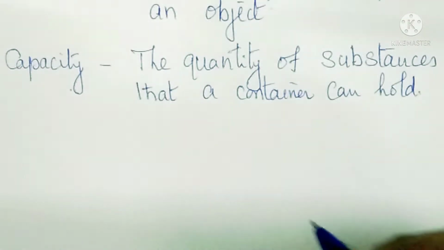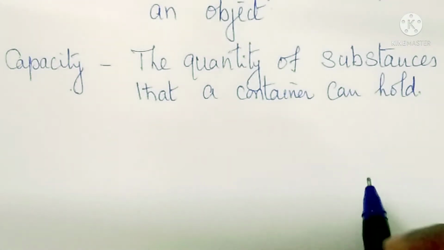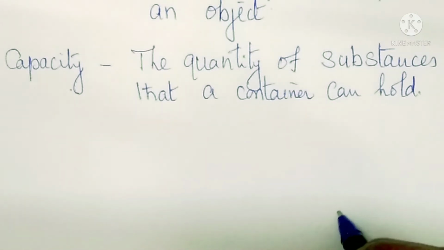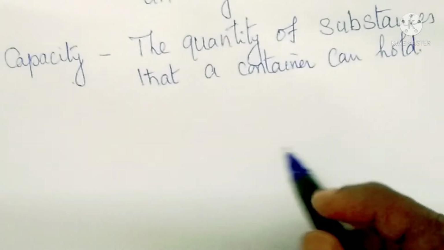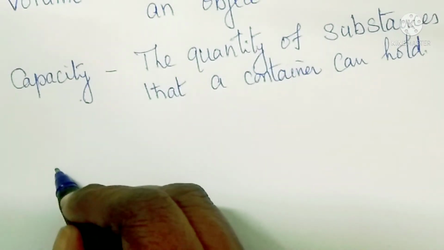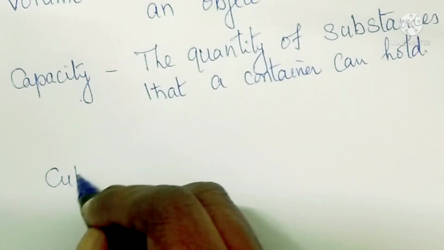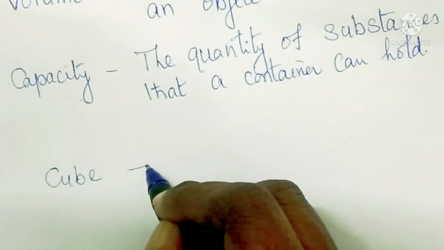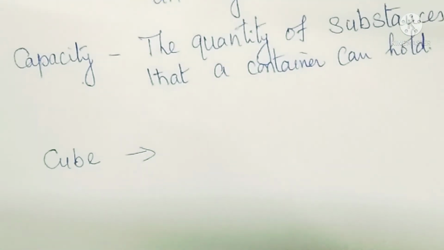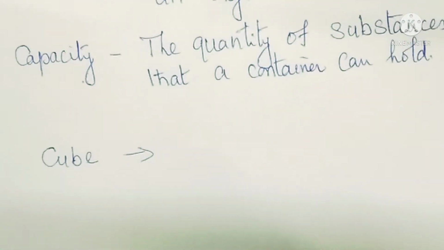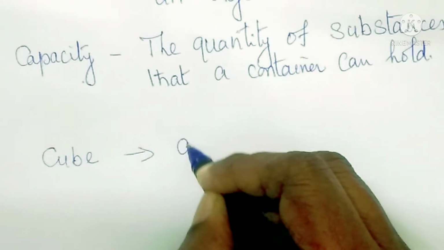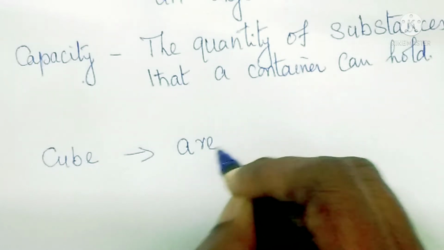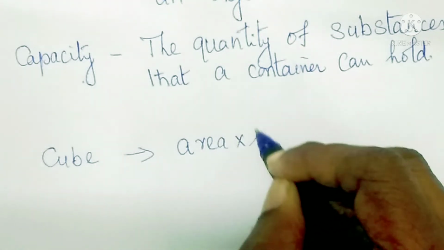Before 11.4, as I told you, we need to discuss the formula to find the volume of different solid shapes. Okay, so you know the cube. What will be the volume of the cube? Volume of the cube is equal to area multiplied by height.